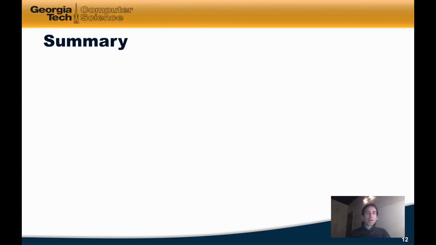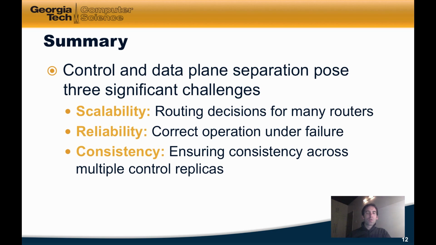So, in summary, separating the control and data plane poses three significant challenges. One is scalability. In particular, a single controller must now make routing decisions or various control plane decisions on behalf of many network elements that were previously each performing those computations independently for themselves.